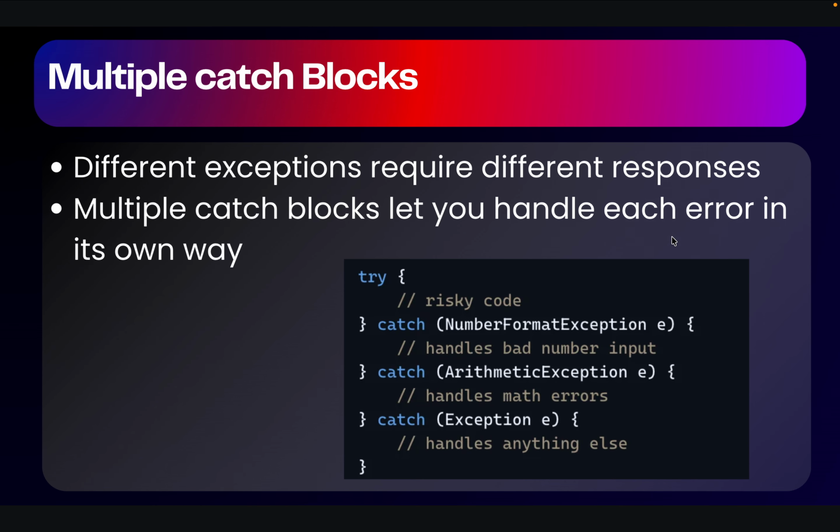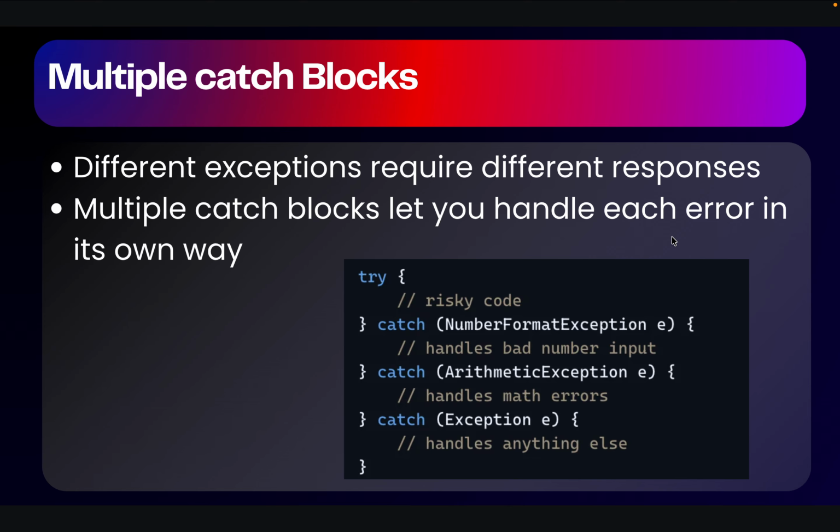Now, with catch blocks, you can have multiple of them, similar to else if, where you can have multiple cases of your code. So it's basically saying if this exception happens, we'll run this code.